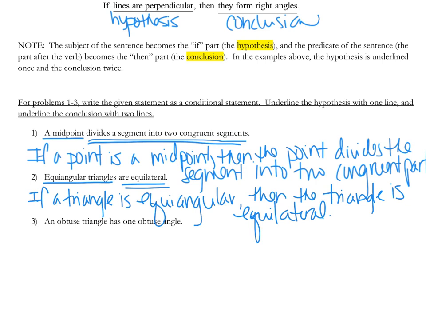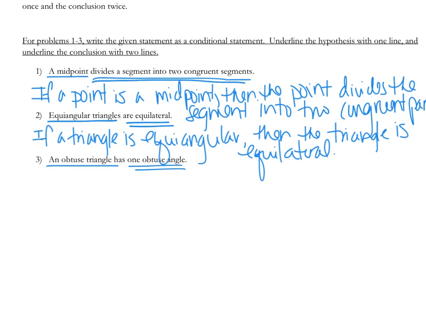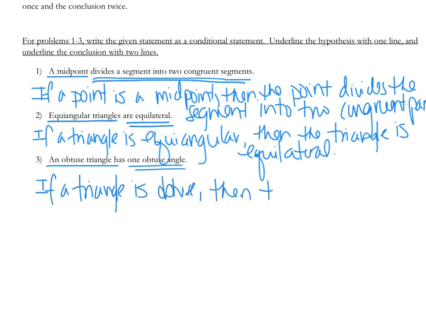Okay. And then lastly, an obtuse triangle has one obtuse angle. So this is the hypothesis that a triangle is obtuse, and the conclusion is that it has one obtuse angle. So if a triangle is obtuse, then the triangle, not it, the triangle, has one obtuse angle.